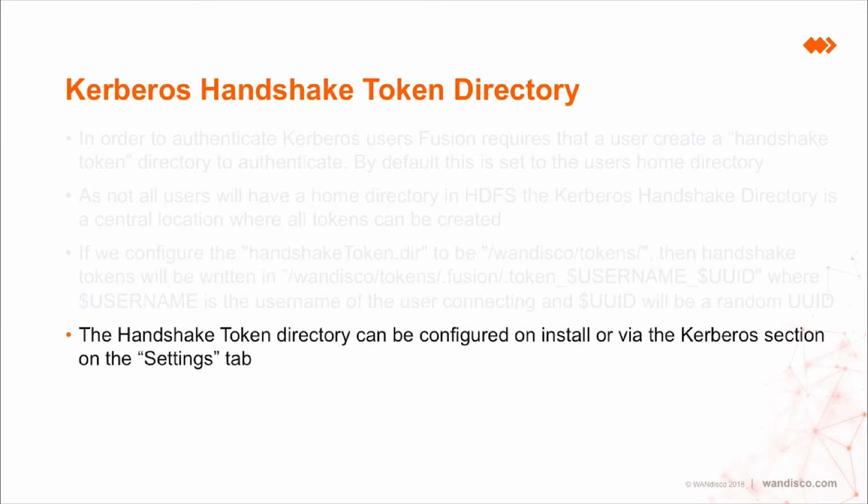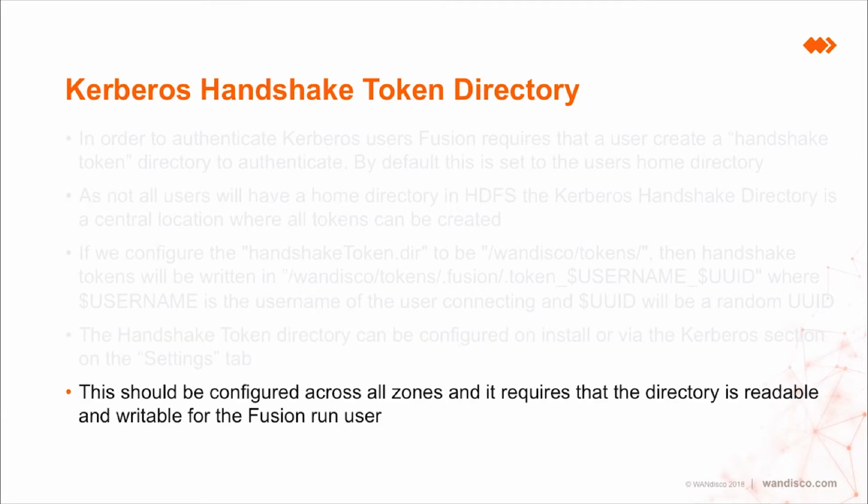The handshake token directory can be configured on initial install or via the Kerberos section on the Settings tab in the Fusion user interface. This should be configured across all zones and requires that the directory is readable and writable for the Fusion user that is running.